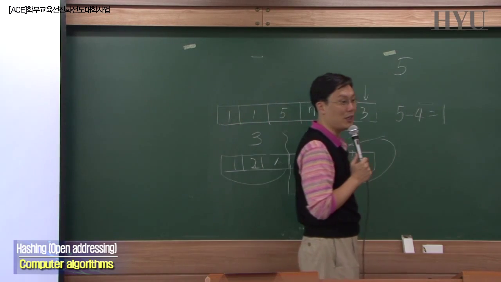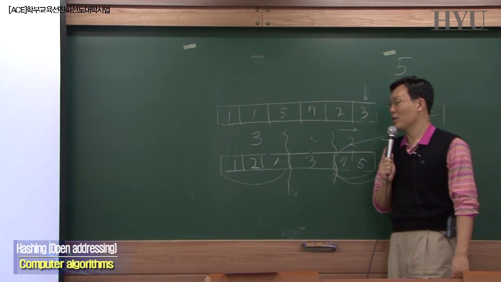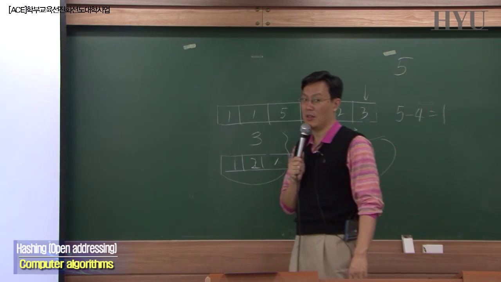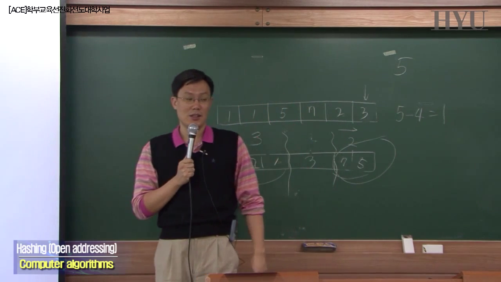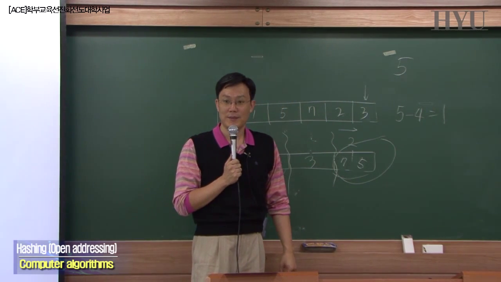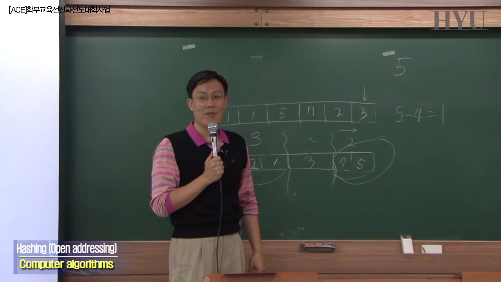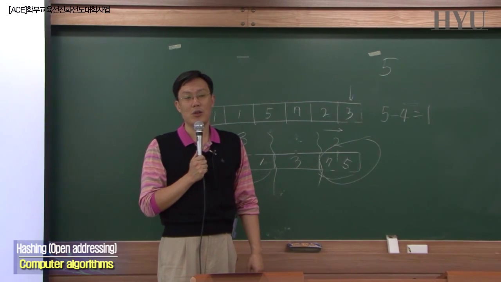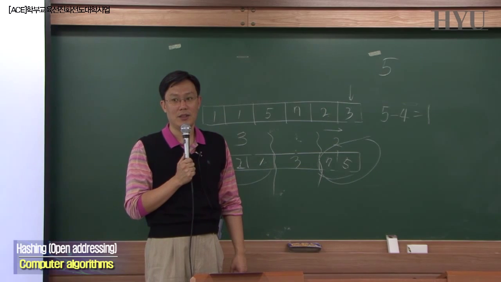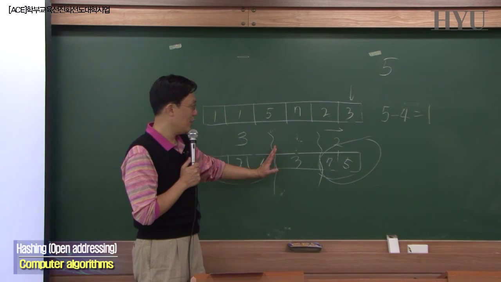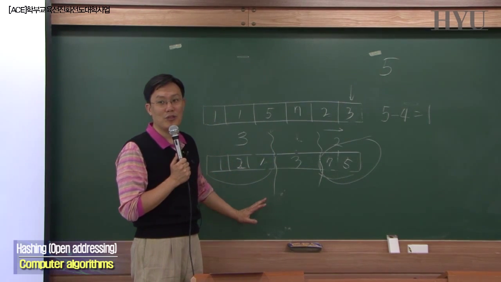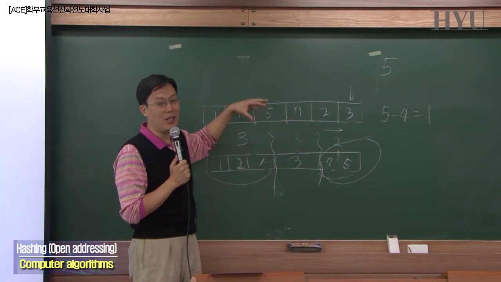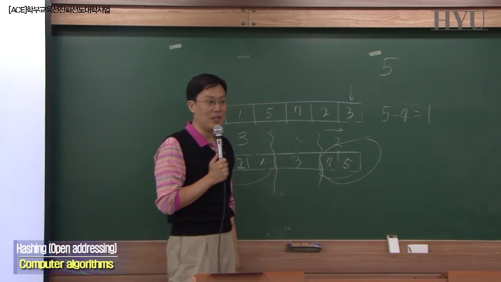So it takes theta of n time, and the best case running time is theta of n. And what is the average case? It is also theta of n, because n over 2, n over 4, if we add all the values, they are theta of n.